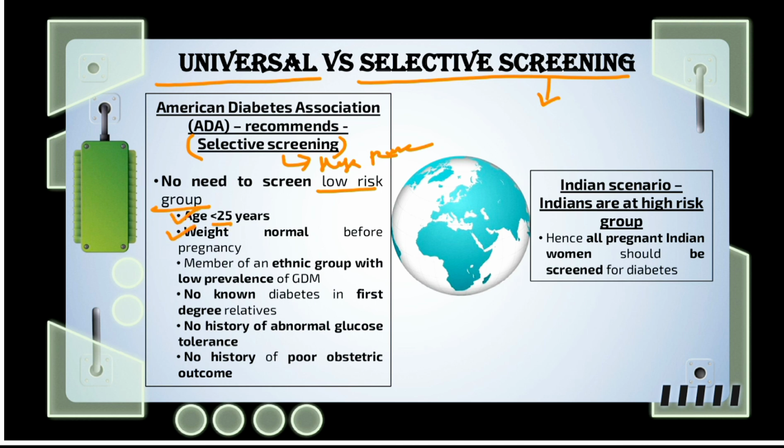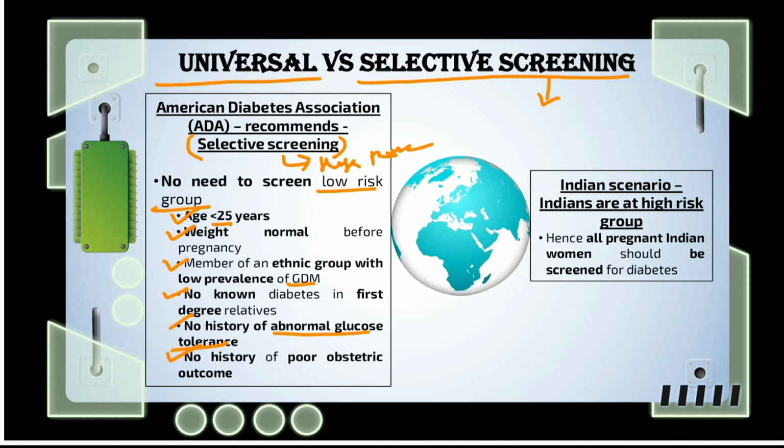if the weight of such a woman is normal before pregnancy, if she belongs to an ethnic group where the prevalence of gestational diabetes mellitus is very low, there are no known diabetic patients among first degree relatives, there is no history of abnormal glucose tolerance in such pregnant women, and there is no history of poor obstetric outcome earlier.